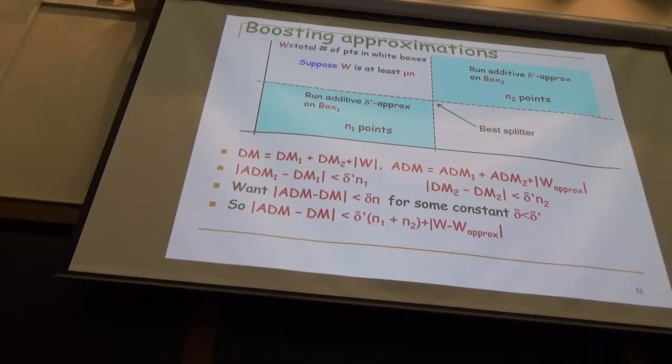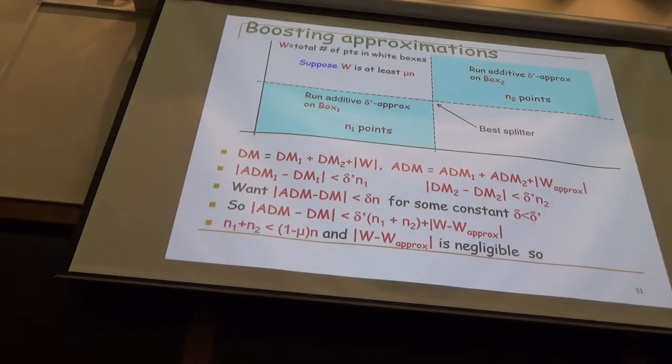So if the number of white points is reasonably large, not like 0.01 n, well then you'll get n1 plus n2 is going to be less than (1 minus mu) n. And so W minus W approx is now negligible.